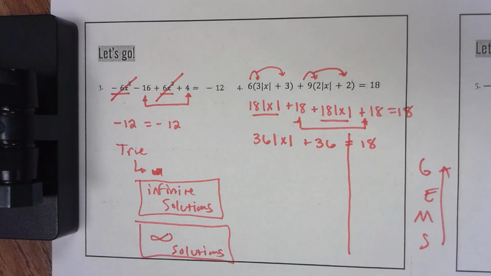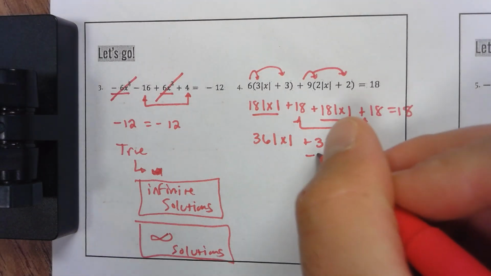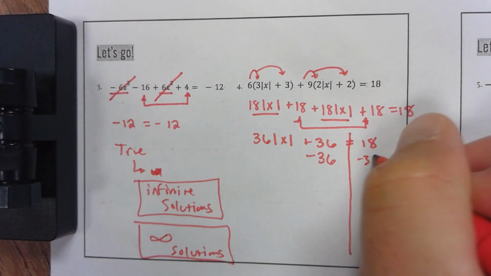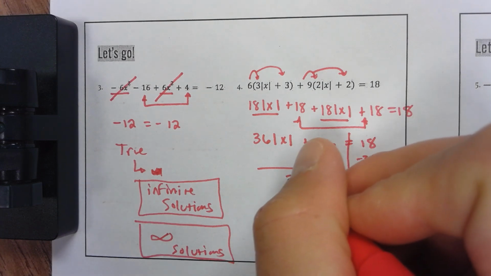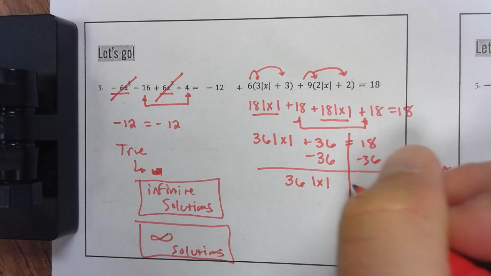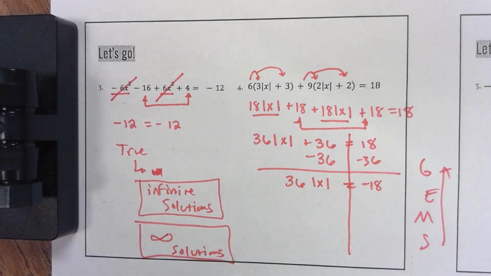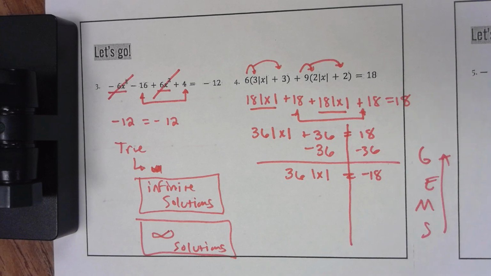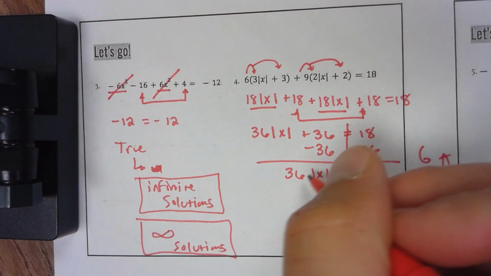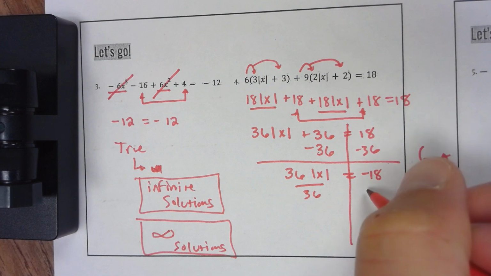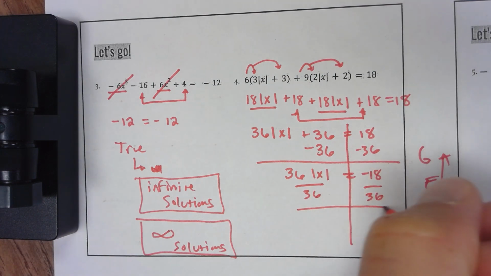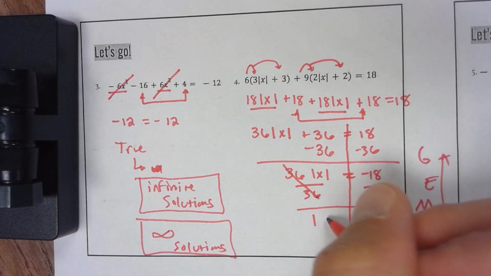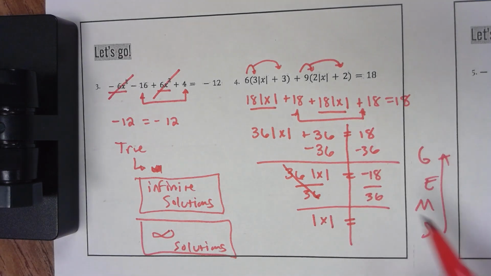So dealing with any subtraction or addition first, I'm going to subtract this 36. And so I get 36 absolute values of x equals negative 18. And then this is 36 times that absolute value, so I need to divide by 36. And I get the absolute value of x equals, that's not going to be a whole number.